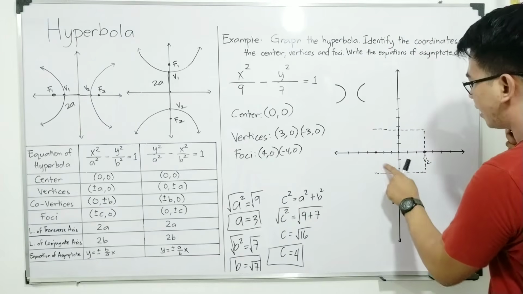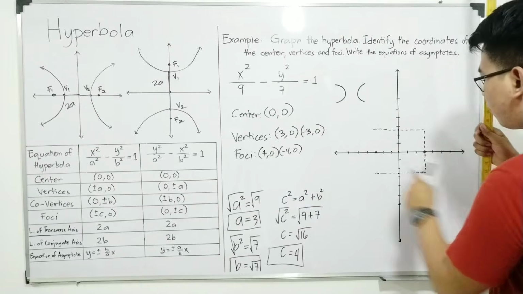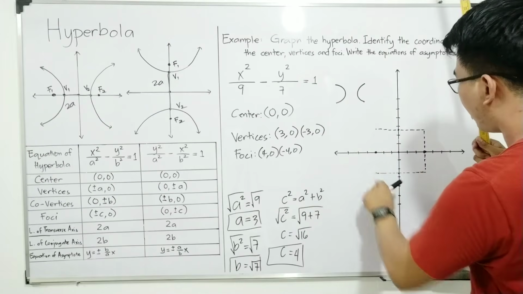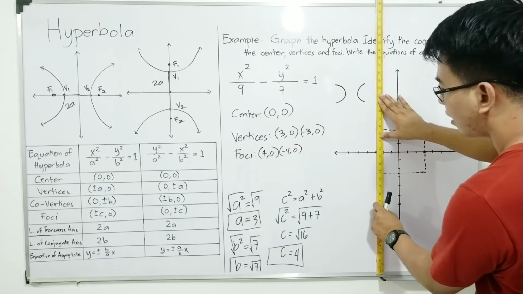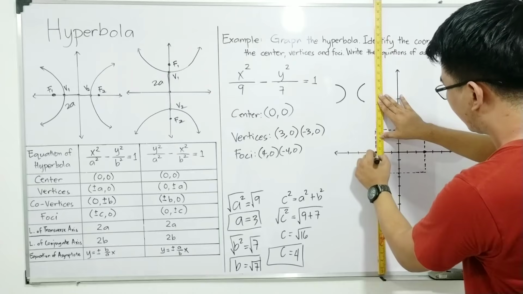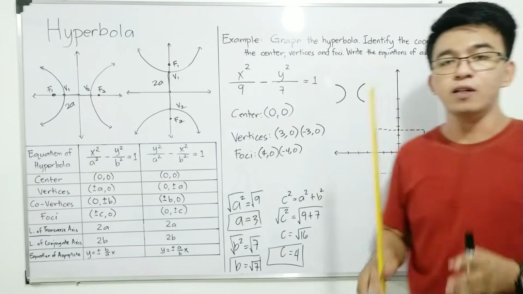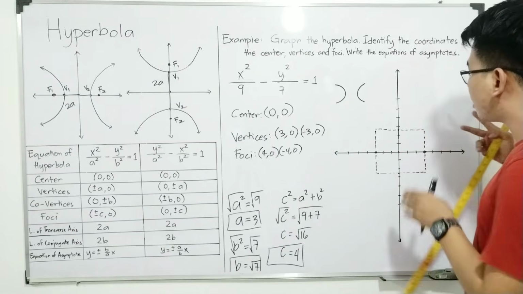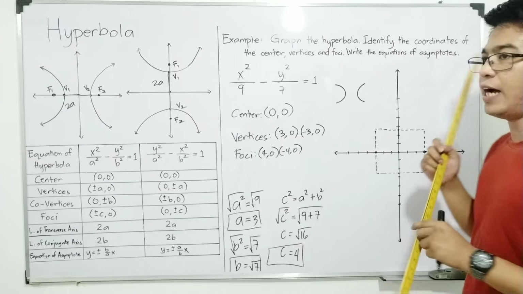Remove muna yung vertex natin. Yan. And for this one, sobra tayo. Parang gumawa lang kayo ng rectangle na merong width at length na 3 and square root of 7 or 2.6. Yan. Ngayon, since tapos na sa rectangle mo, yung corner naman ng ating rectangle, this will serve as the diagonal.